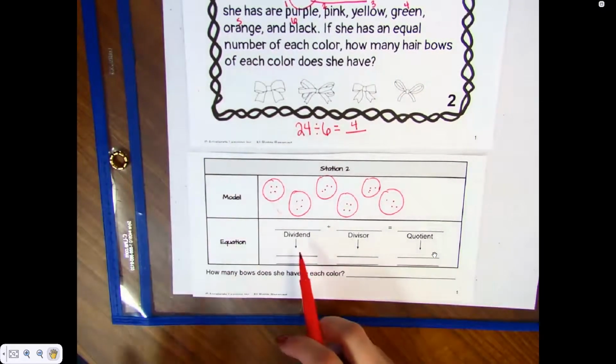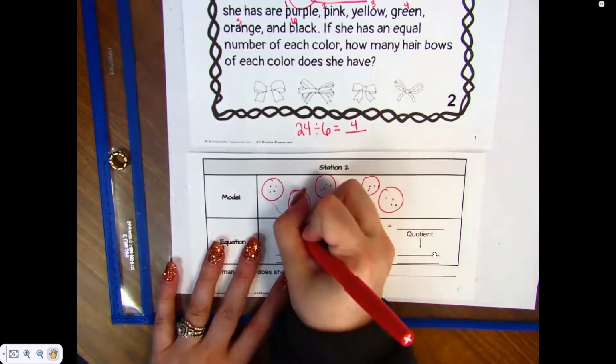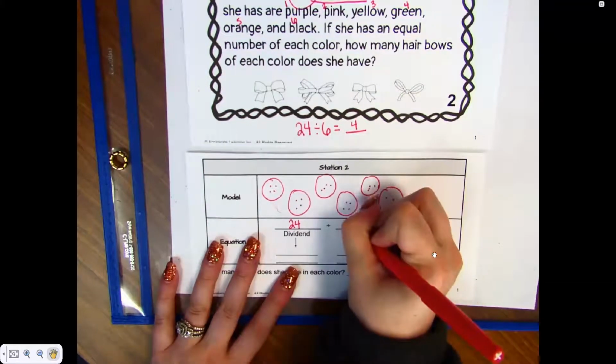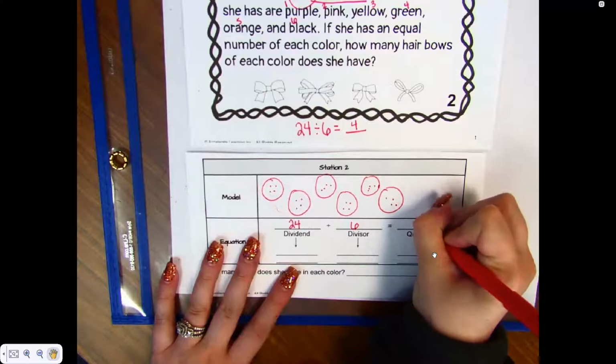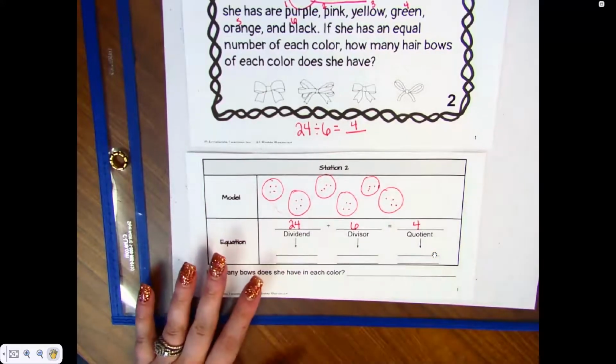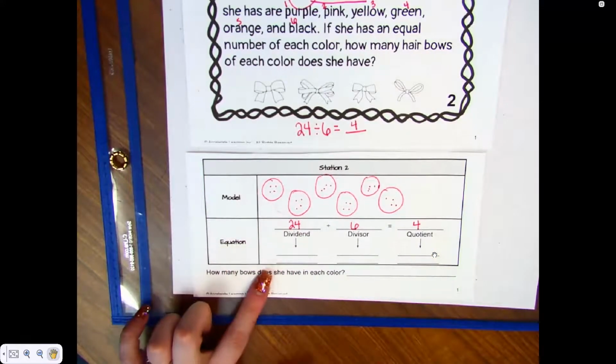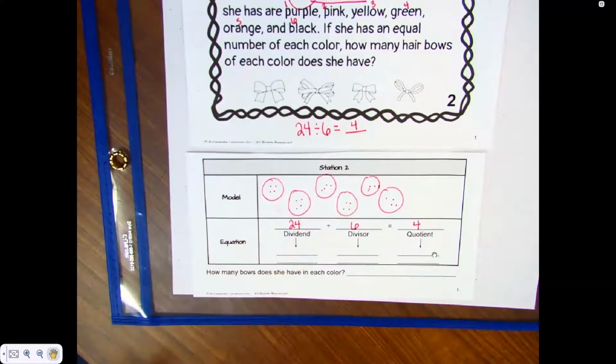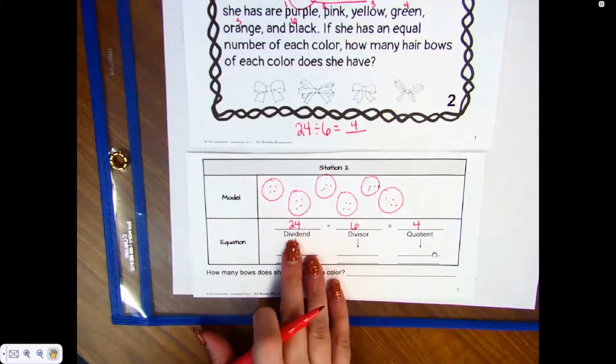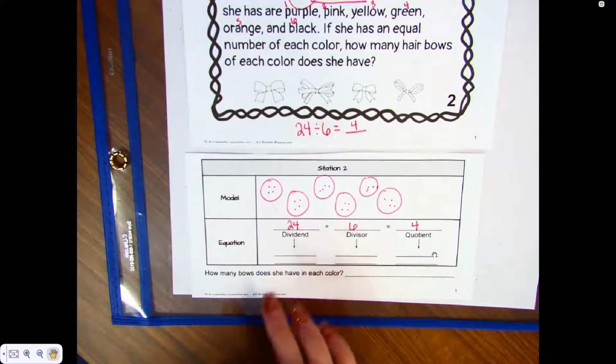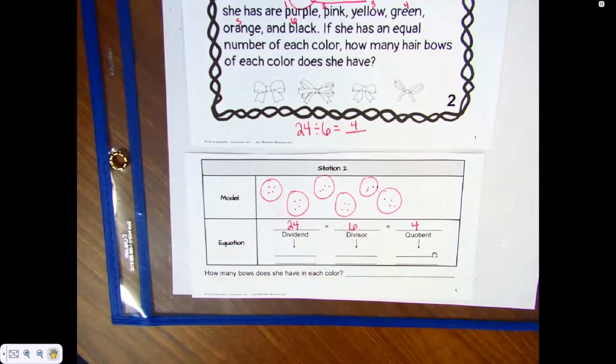So now I'm going to put my division problem. So I have 24 divided by 6 equals 4. Then I'm going to put it into words, okay? My dividend is going to be the total number of whatever she has.